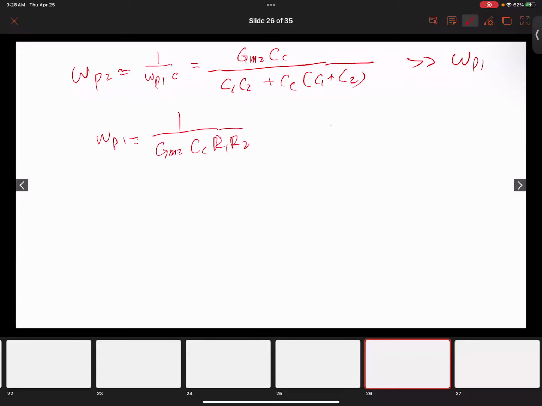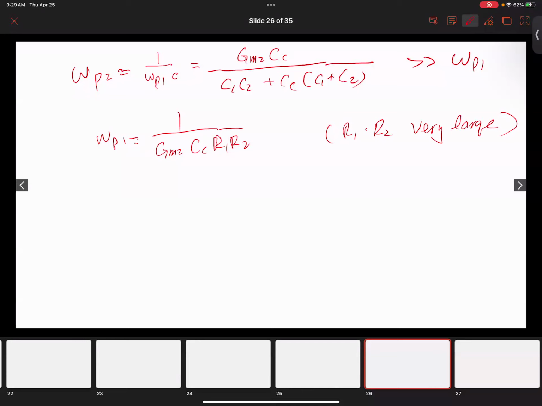The reason is R1 times R2 is very large, right? So therefore, WP1 is small. By this time you already see that WP1 and WP2 do exist, but WP2 is much larger than WP1.